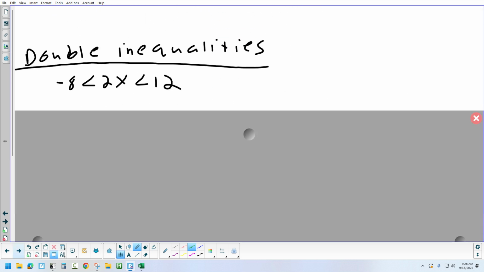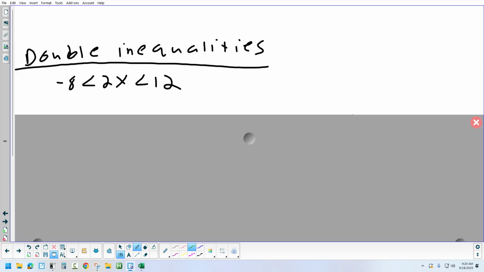Okay, so we talked about solving a single inequality. Now we're going to look at solving a double inequality. There's a couple ways you can solve double inequalities. If double or compound, right? If this compound inequality only has a variable in the middle, then the easiest thing to do is almost treat it like an equation.